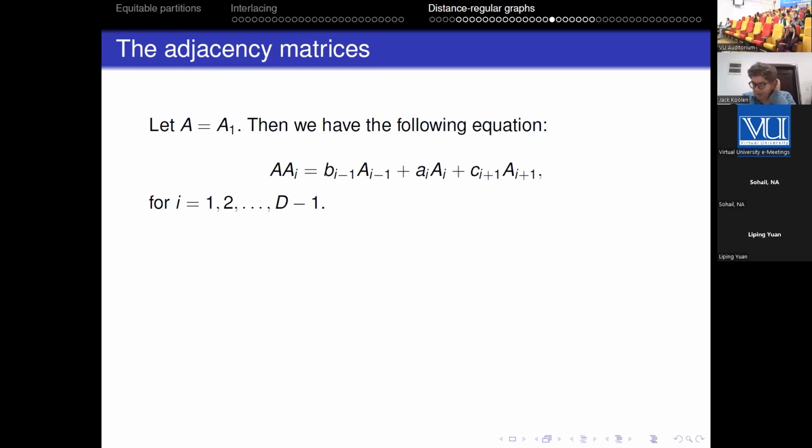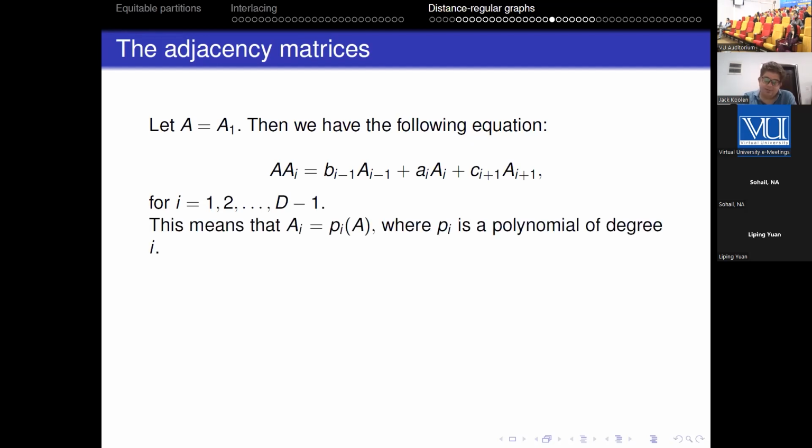If they are at distance i minus 1, then you see that it must be B_{i-1} walks, and otherwise, and so on. Yes, this is not difficult to prove. This means that A_i is a polynomial of degree i in A.